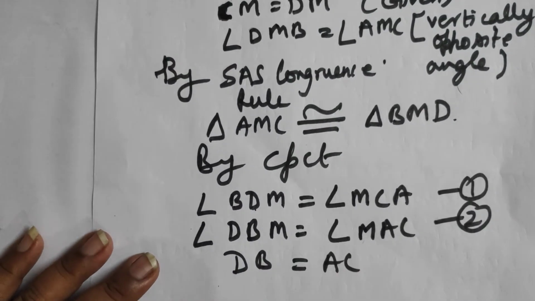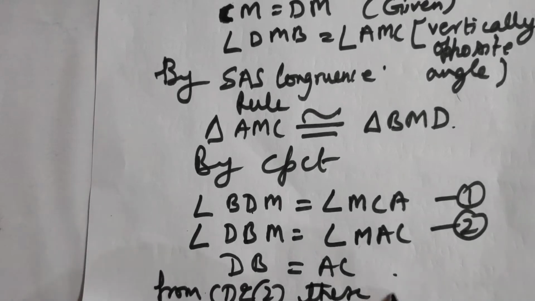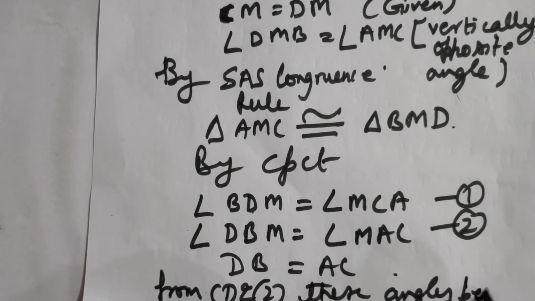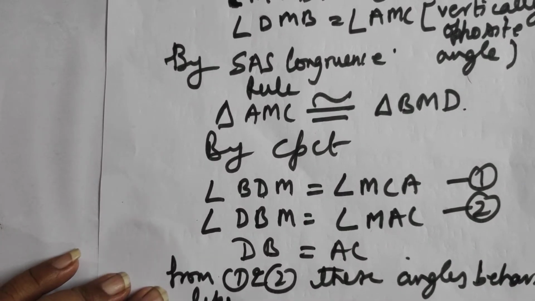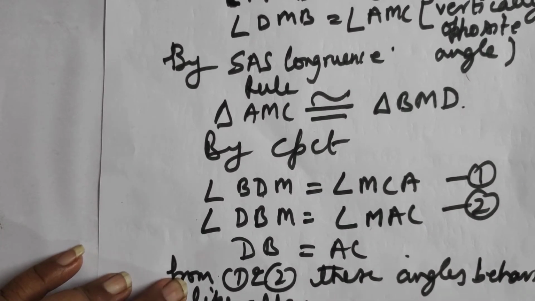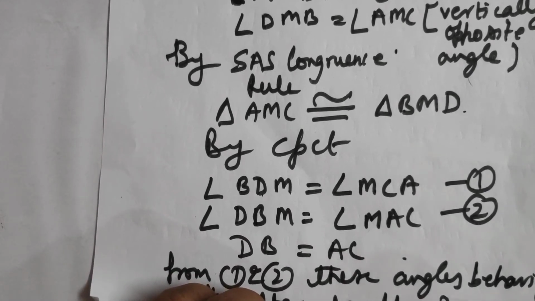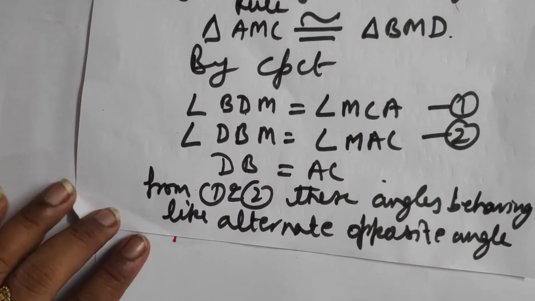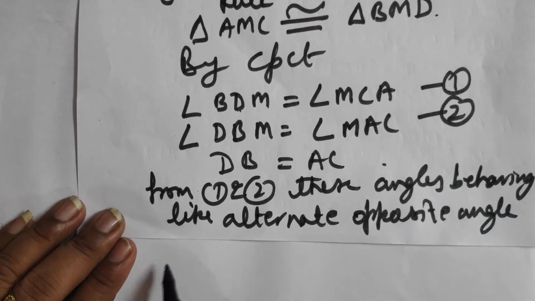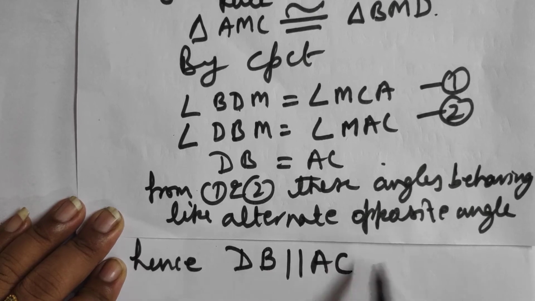So we can write, from 1 and 2, these angles behaving like alternate opposite angles, DB is parallel to AC.